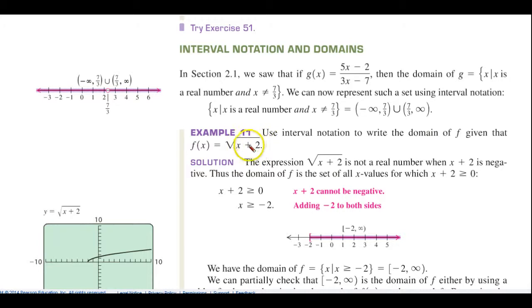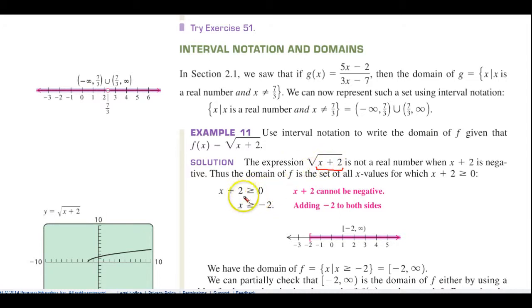Because as it starts to get negative, we get into the range of not a real number answer. So when we see things like this, what we do is we say this, which is the radicand, has to be greater or equal to 0.